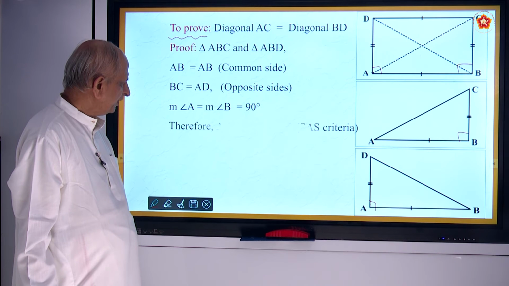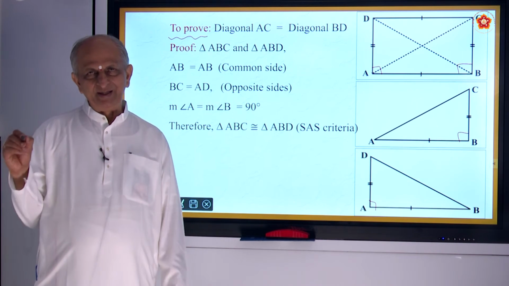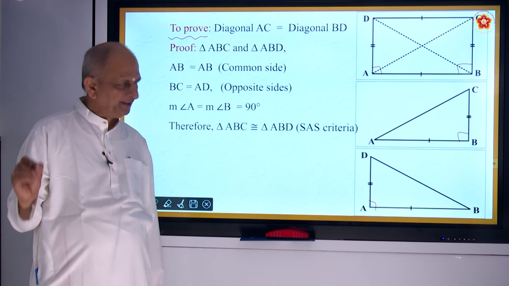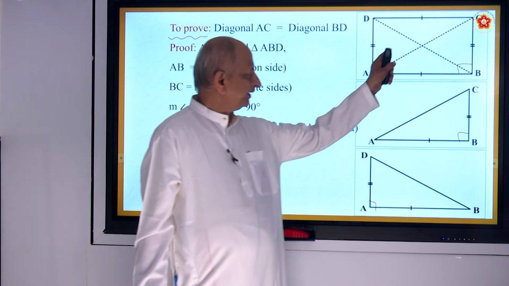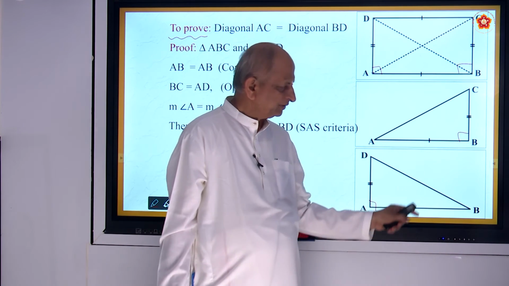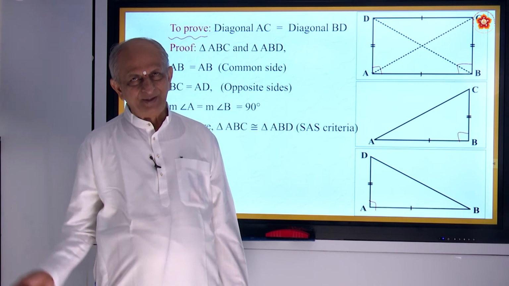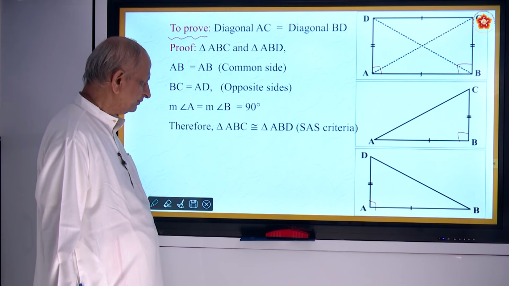With this we can prove that triangle ABC is congruent to triangle ABD, which means that if you cut this triangle and keep it on the other, they will be equal in all aspects. Other sides are also equal, other angles are also equal.